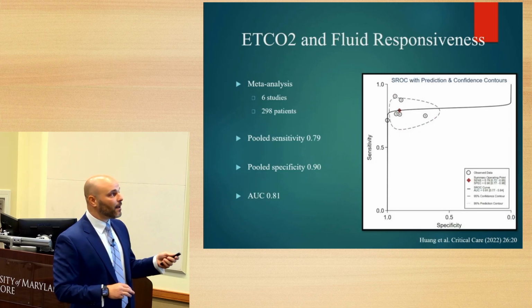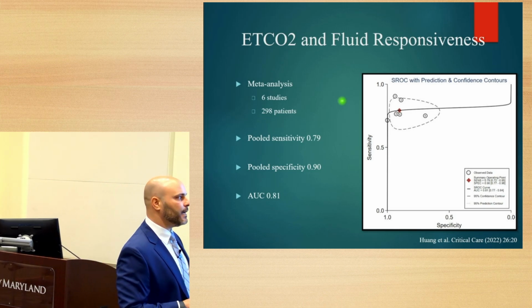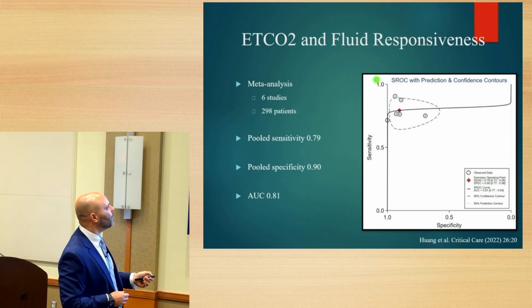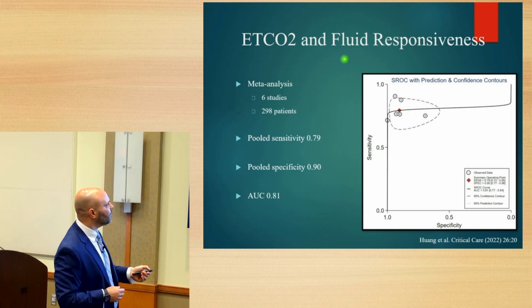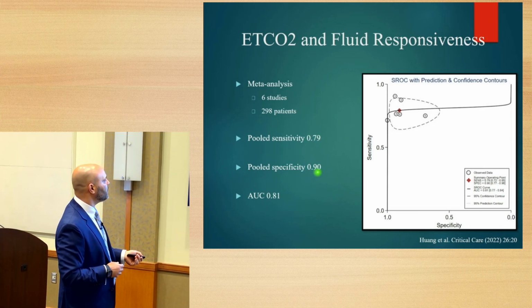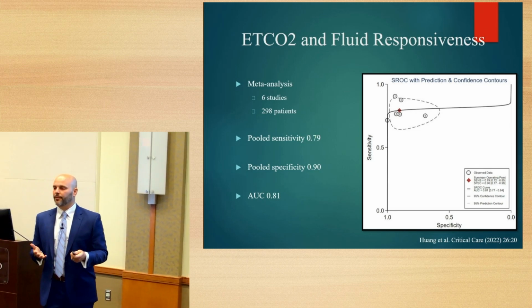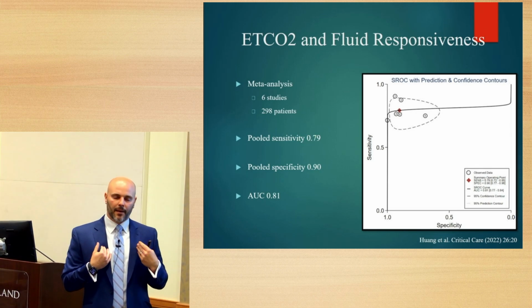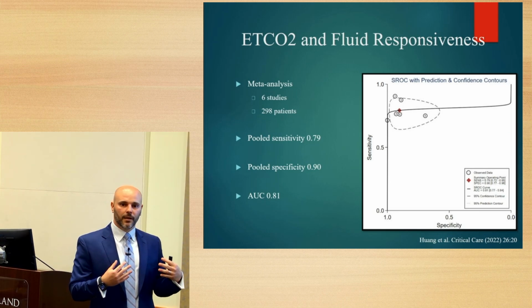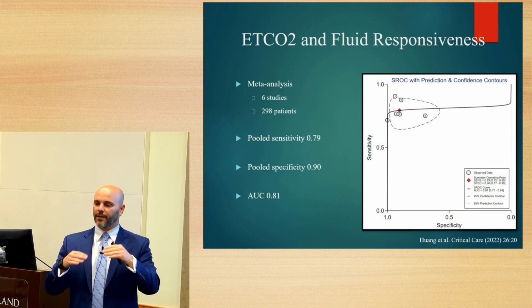And this is a meta-analysis comparing fluid responsiveness with end tidal CO2, and yet another receiver operating curve showing everything's pretty much clustered in the upper left-hand quarter, which is where we want, with a pooled sensitivity of 0.79 and a specificity of 0.9. So it's really useful. The caveat being, in my opinion, that we have to really control for constant, consistent ventilatory status.